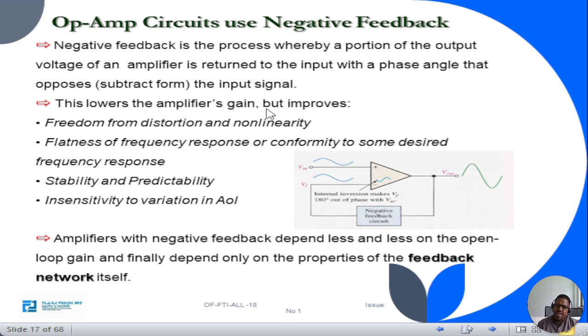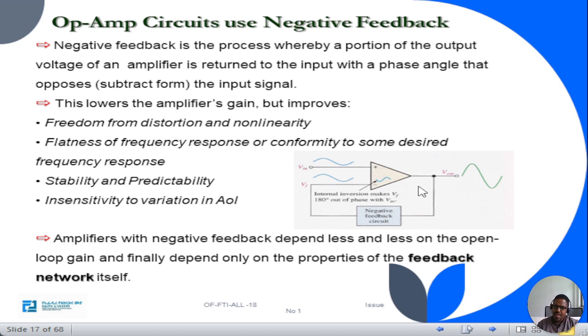This lowers the amplifier gain but improves freedom from distortion and nonlinearity, flatness of frequency response or conformity to some desired frequency response, stability and predictability, and also insensitivity to variation in open loop gain.